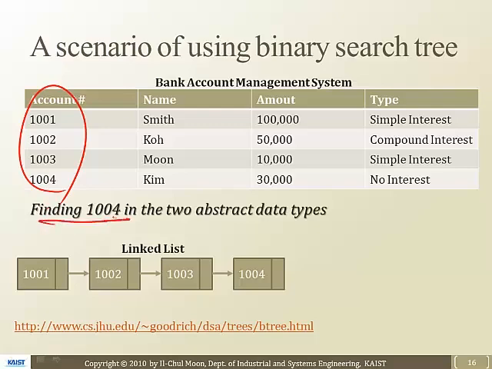Let's imagine I'm finding 1004. That means we have to do 4 retrievals. And somehow the binary search tree can reduce this number of retrievals with special structures and conditions.